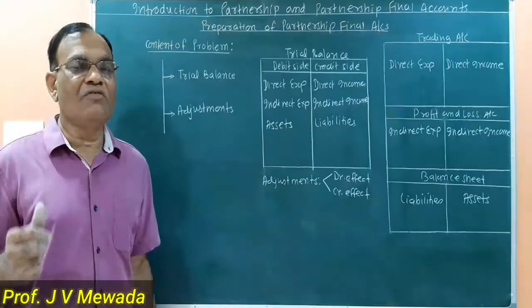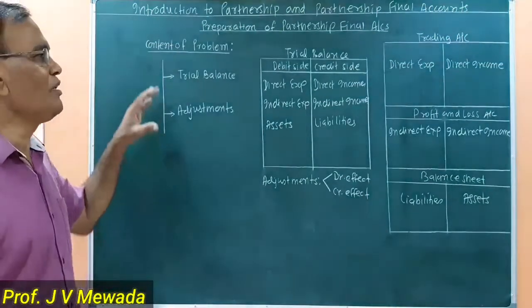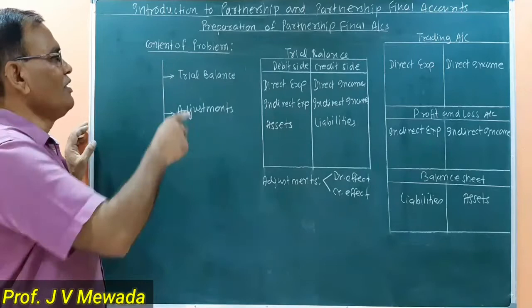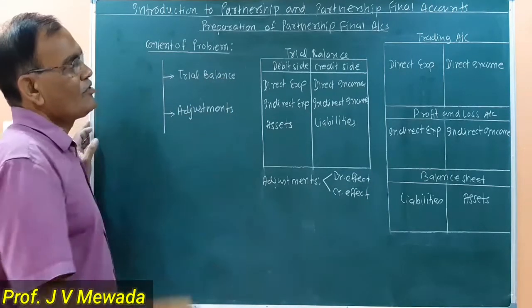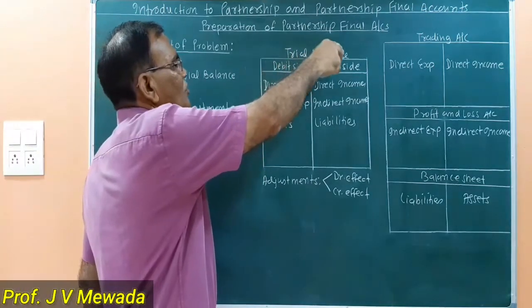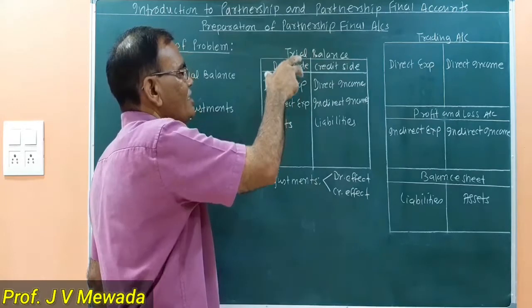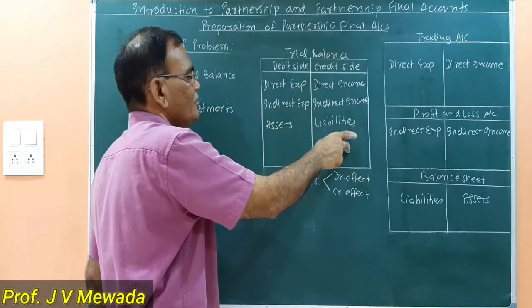Okay. Now we will see the content of the problem. What is given to us in the problem? We are given a trial balance and adjustments. In the trial balance there is a debit side and a credit side.